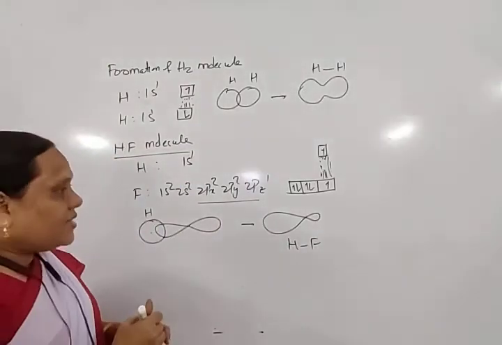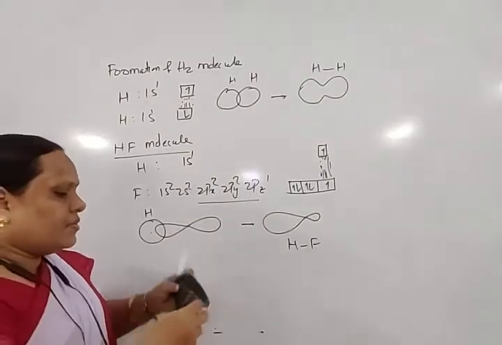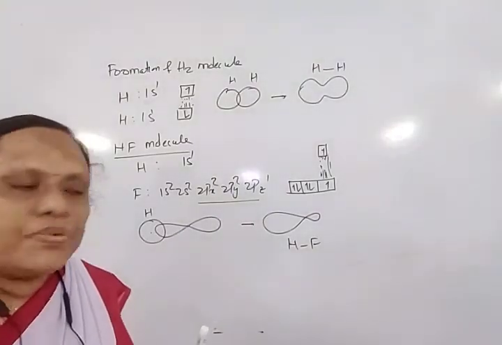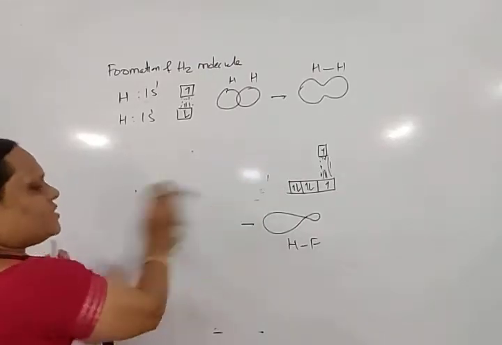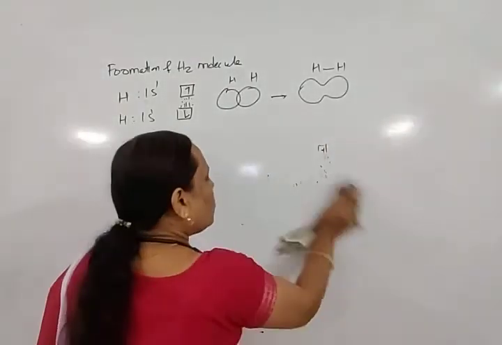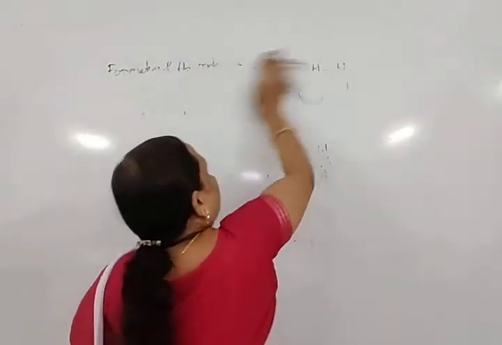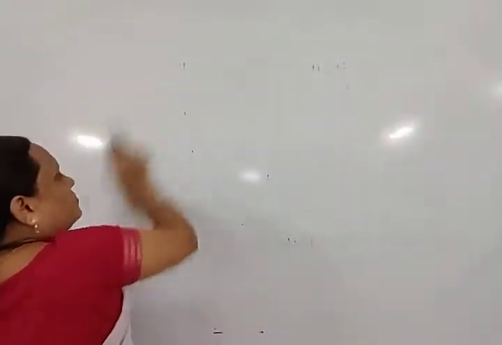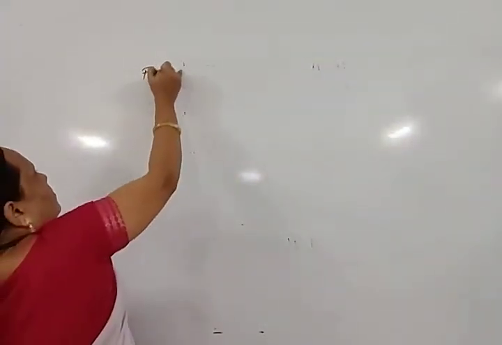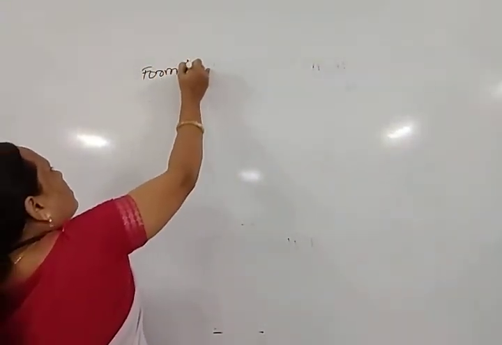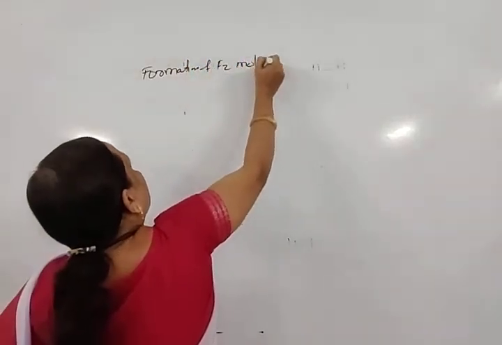Okay. Next come to another, the formation of F2 molecule. It is similar in the case of chlorine also. Next come to formation of the chlorine molecule. Okay, formation of F2 molecule.